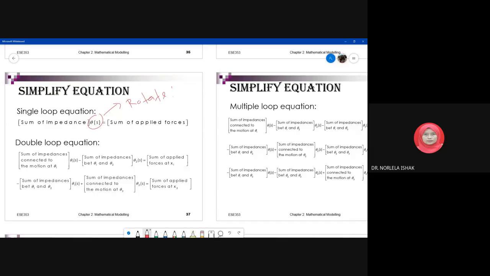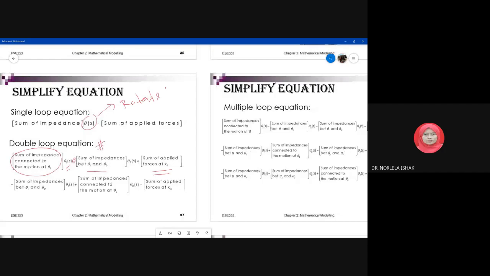Again, the same goes for the double loop equation. Here, the sum of impedance at motion theta 1 multiplied by theta 1, minus the sum of impedance between theta 1 and theta 2 multiplied by theta 2, equals the applied torque. The applied torque depends on where it is applied.